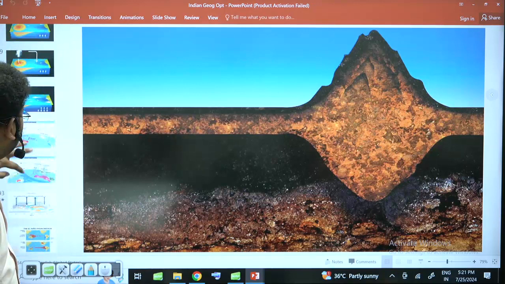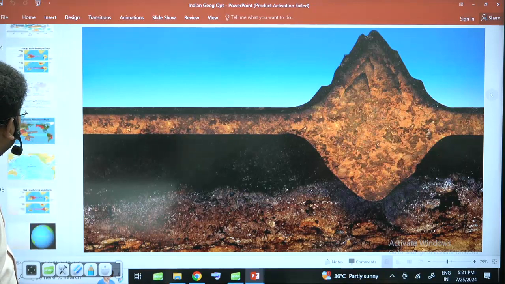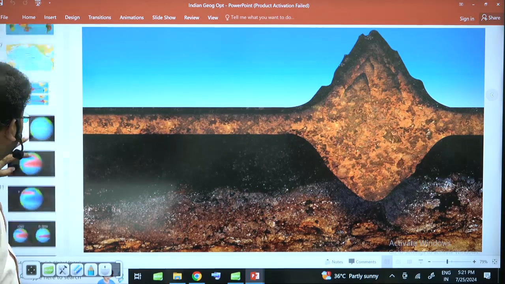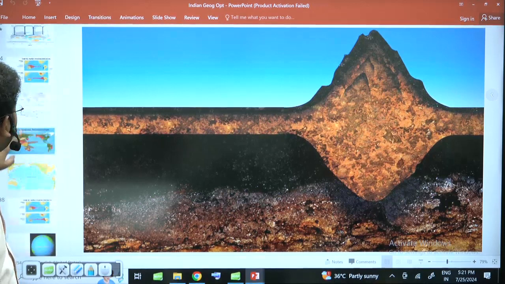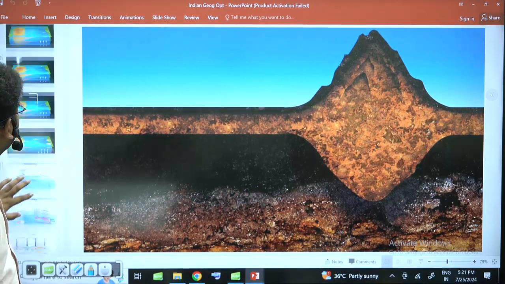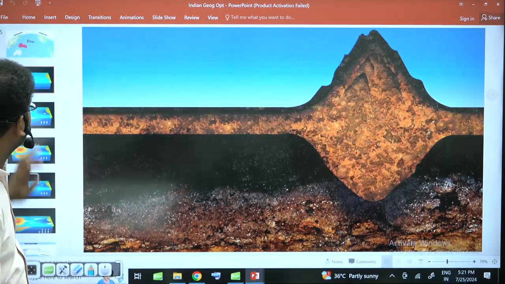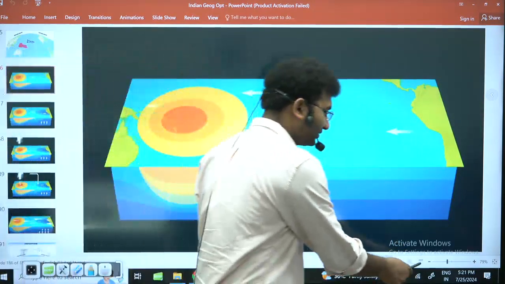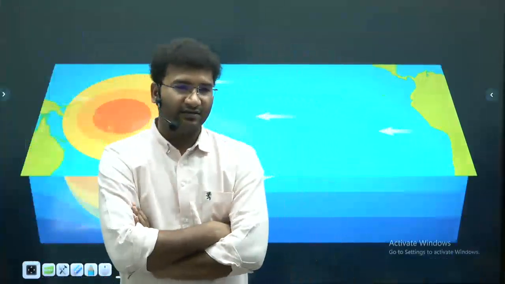Do you remember the concept of thermocline? Yes? What is thermocline? Thermocline is a layer where temperature suddenly decreases or temperature suddenly varies.